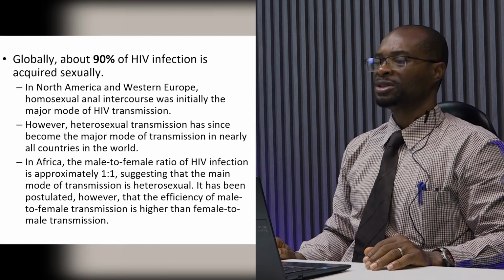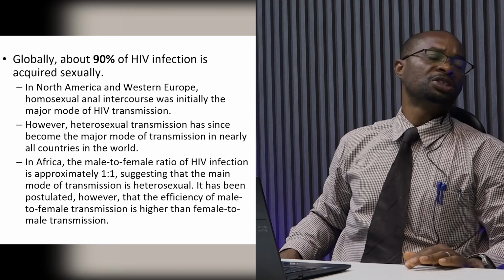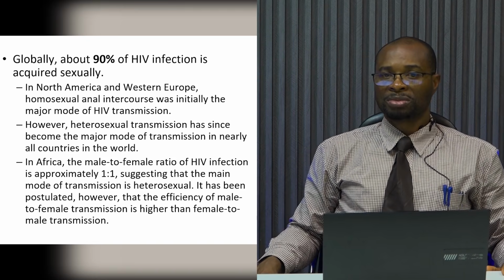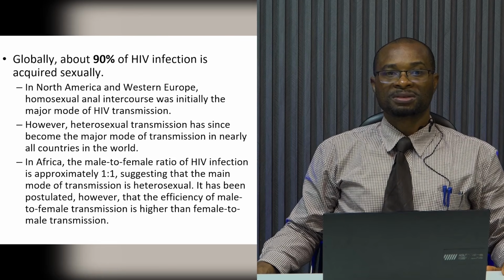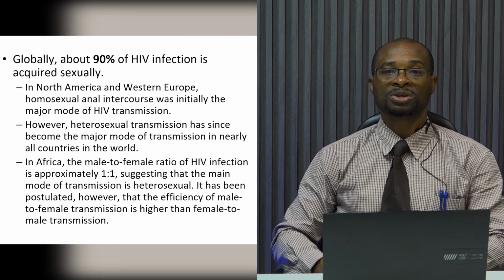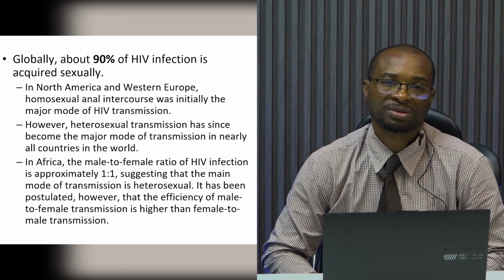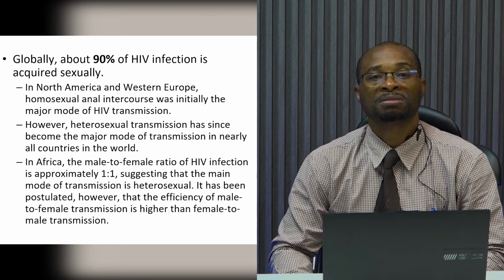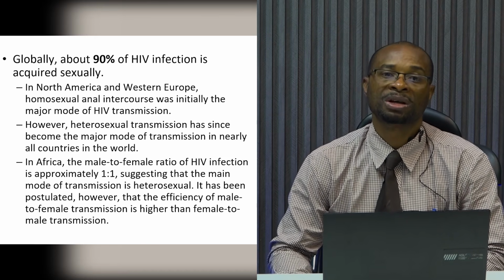Globally, 90% of the cases of HIV are acquired sexually. In North America and Western Europe, homosexual anal intercourse was initially the highest mode of transmission of HIV. But now that we know that many people's sexual orientation is heterosexual, it's a significant problem in many parts.